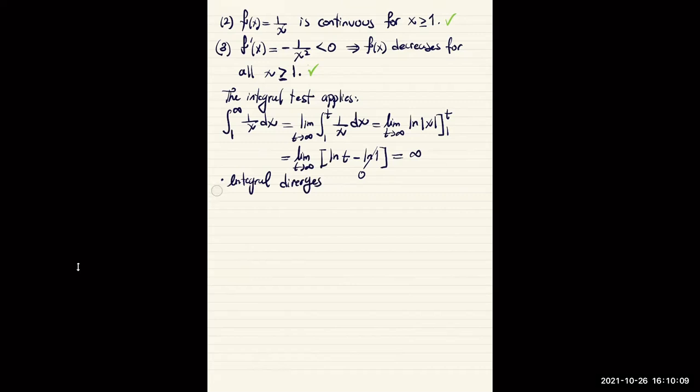This implies the integral diverges. Therefore, the series diverges by the integral test.